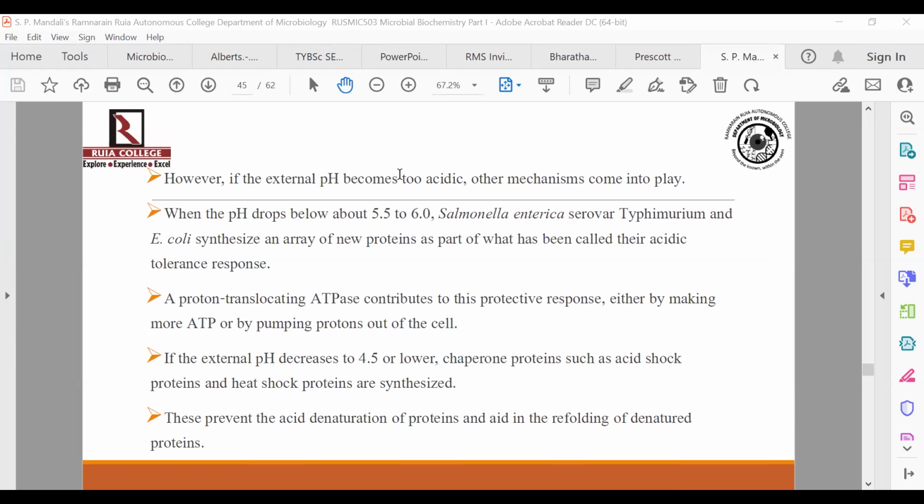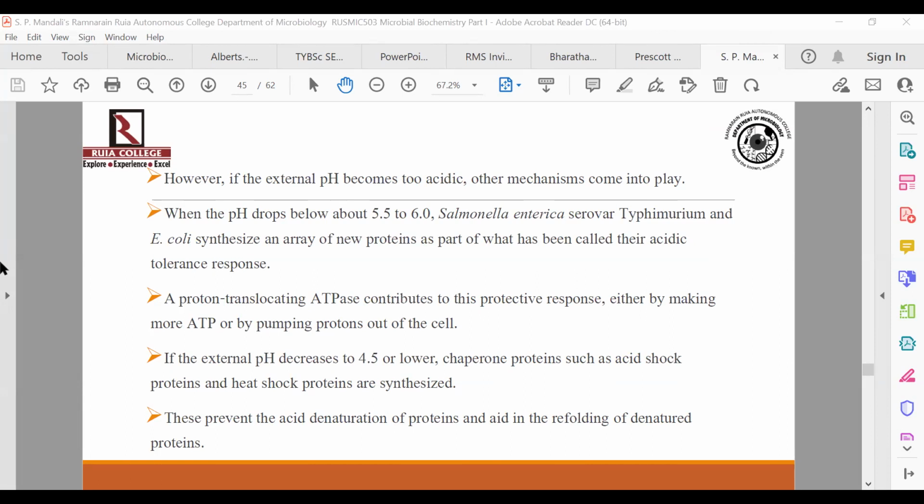For example, when pH drops below 5 or 6, you will see that Salmonella enterica serovar Typhimurium and E. coli synthesize an array of new proteins which are part of the acid tolerance response. So what is the acid tolerance response?